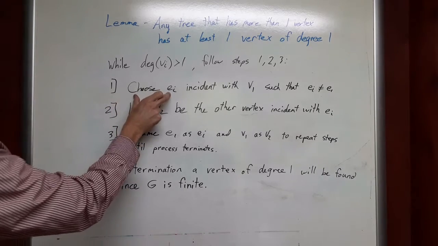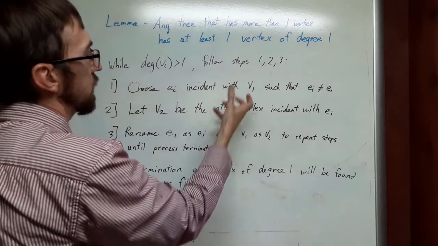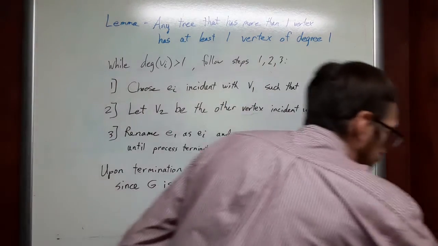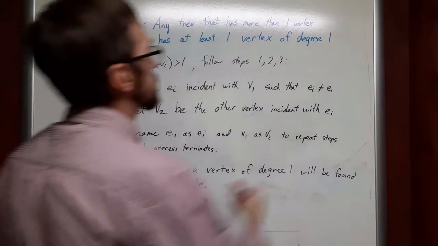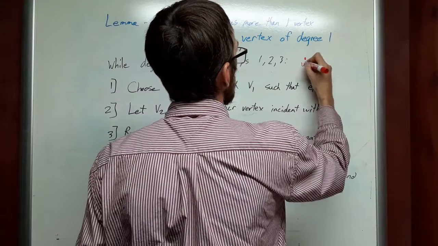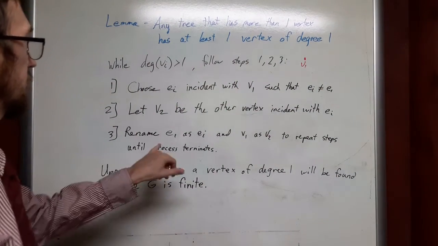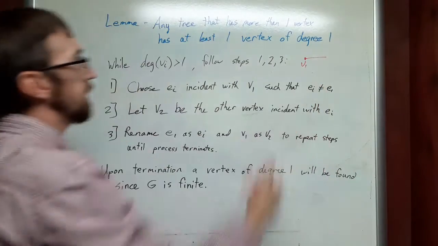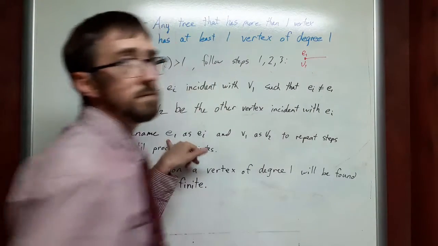We're going to choose an edge which is incident with v sub 1. So, if we had some vertex, and maybe I can illustrate this, we have some vertex that we started with, v sub 1. There has to be some edge incident with that vertex. That's going to be our e sub 1.